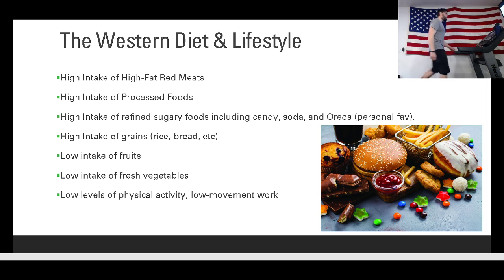And then the Western diet is low on the other end. Generally, it's a low intake of fruits and fresh vegetables, right? And generally, with our lifestyle, we have low levels of physical activity and low movement at work, right?